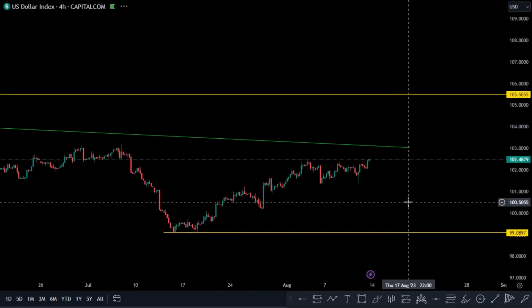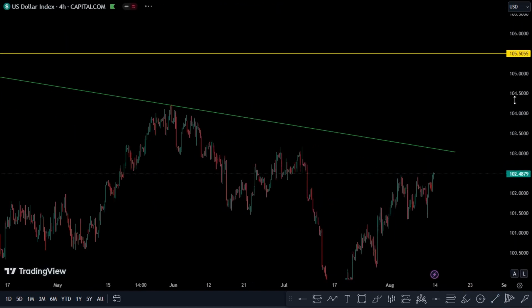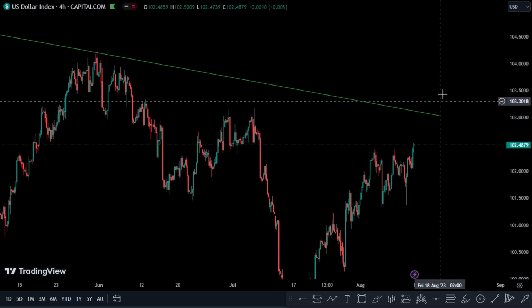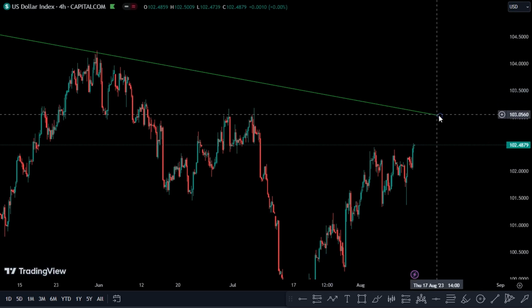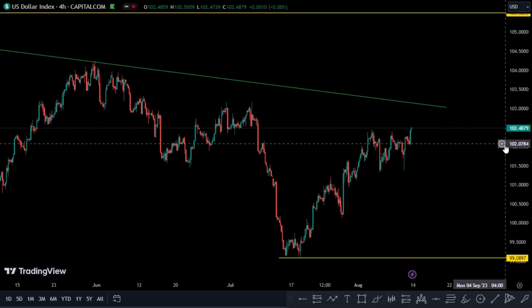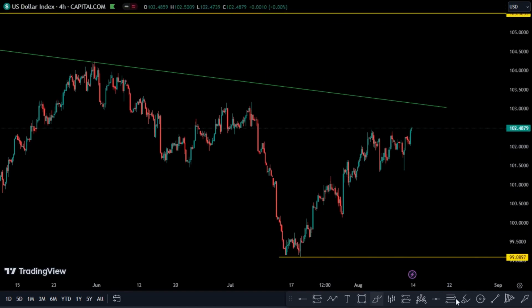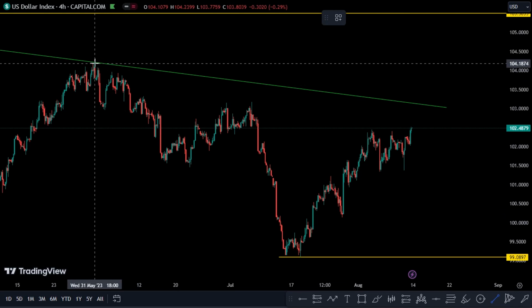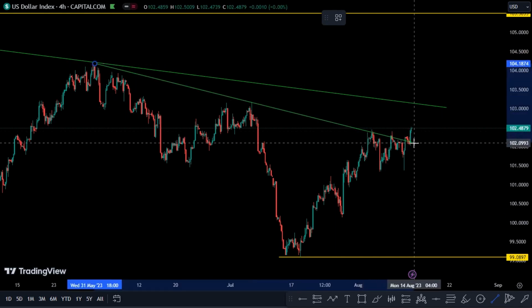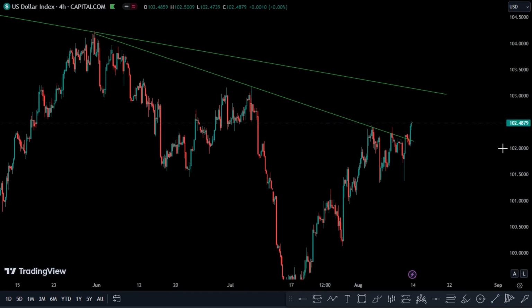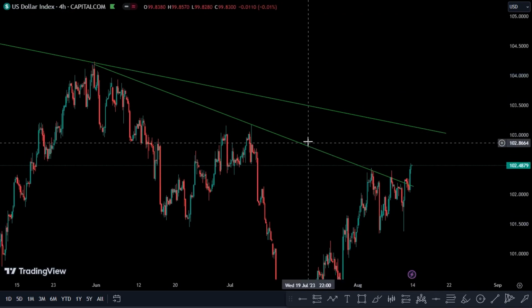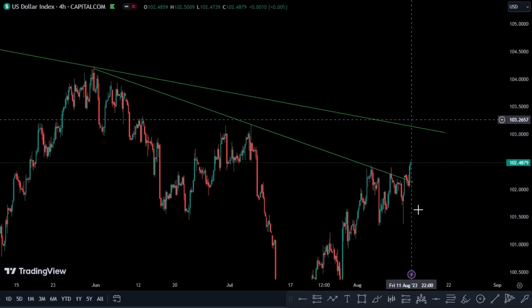We switch to a 4-hour time frame, and from a 4-hour time frame we can see that we are at that area. But from a 4-hour time frame perspective, we also have this trend line right here that we previously had on the previous week. You can see that this one is on a daily time frame, and this one is on a 4-hour time frame.